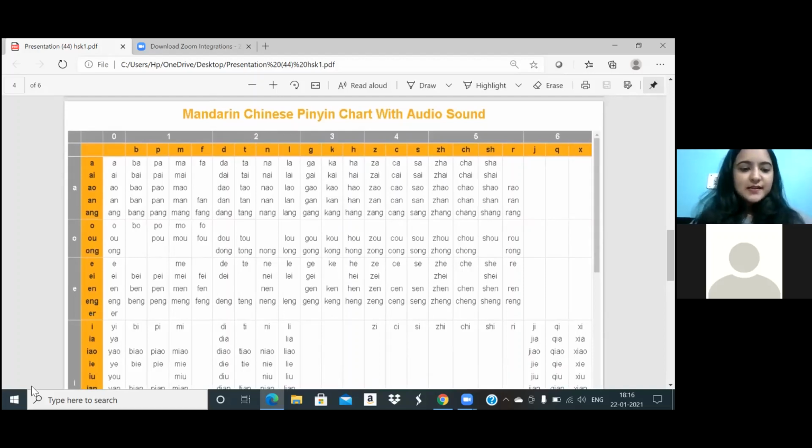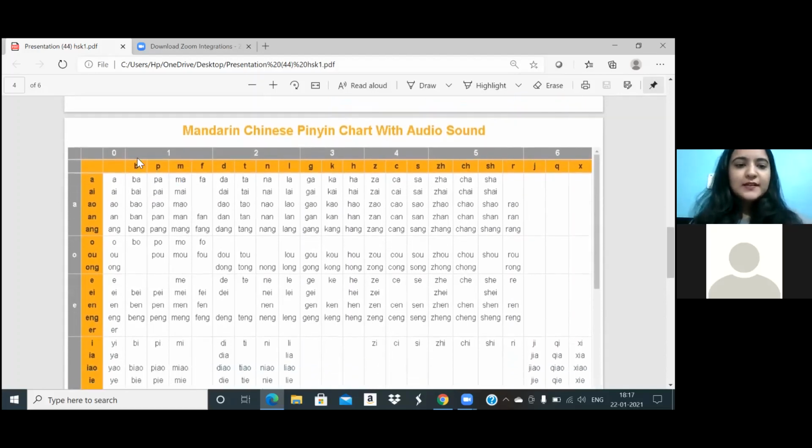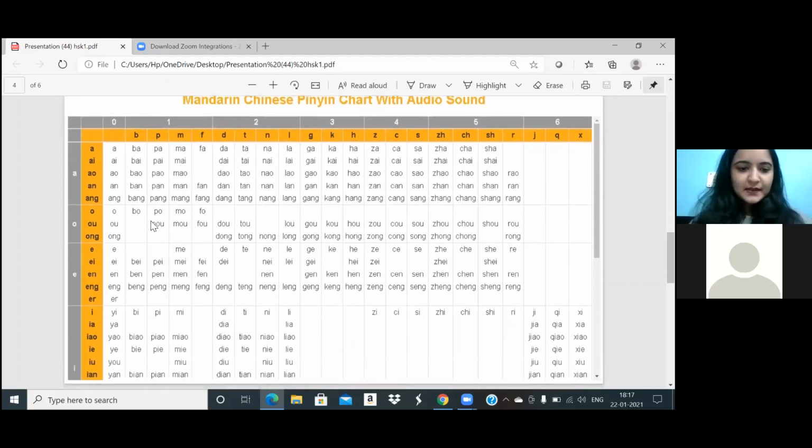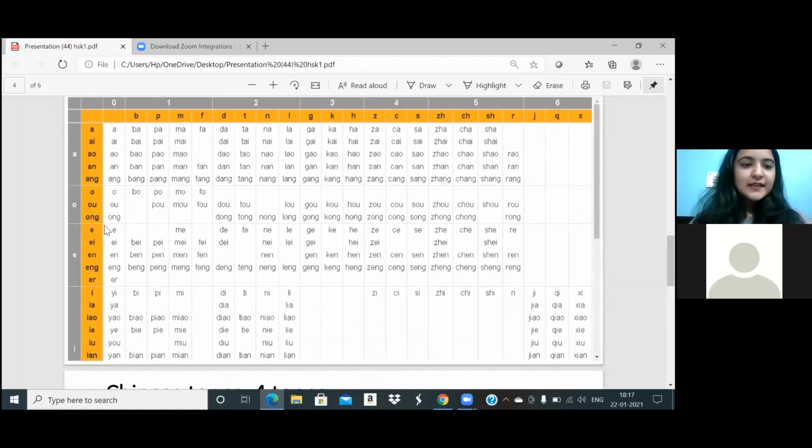As we can see here, the upper line in the yellow, this B, P, M, F, this horizontal line, are called the initials. And on the left side, the vertical line in the yellow, these are called the finals.